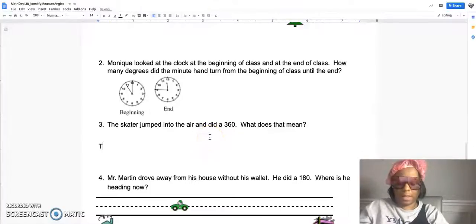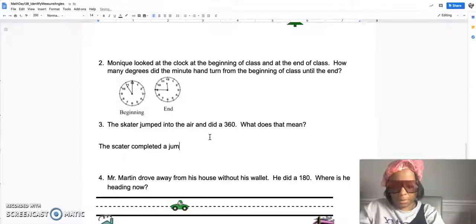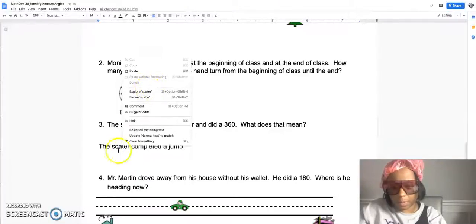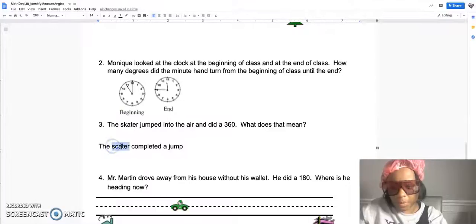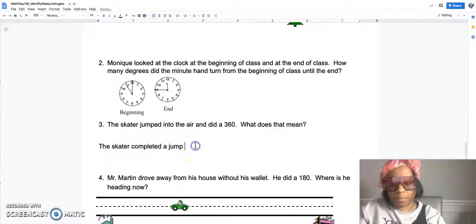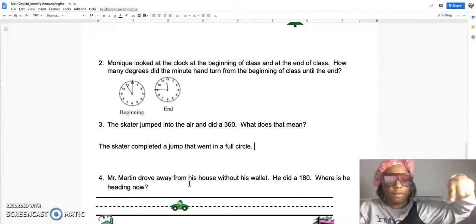Well, that means that the skater completed a jump that went in a full circle. 360 means to go in a full circle.